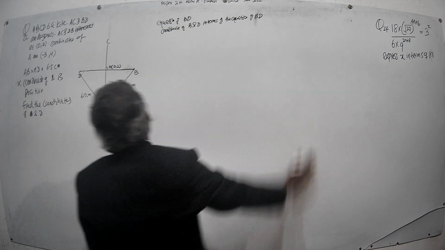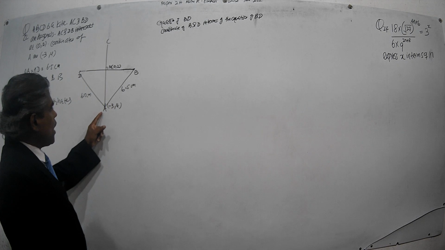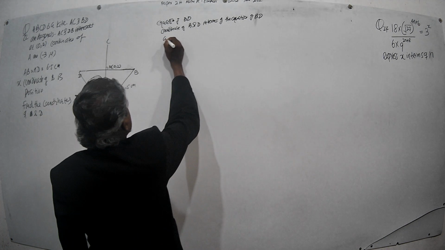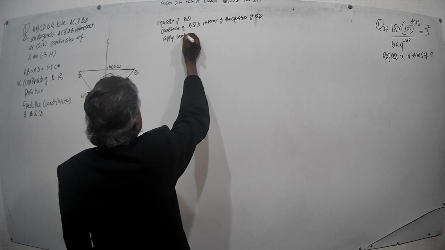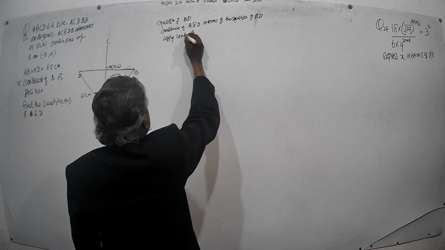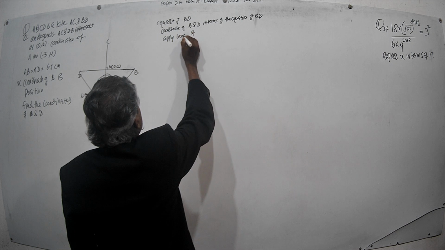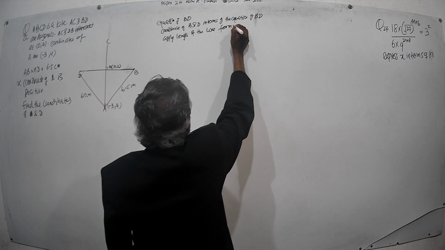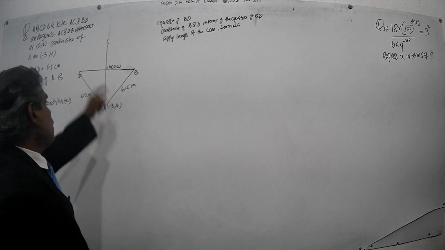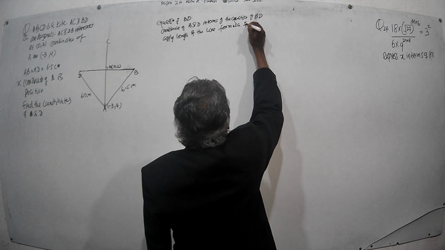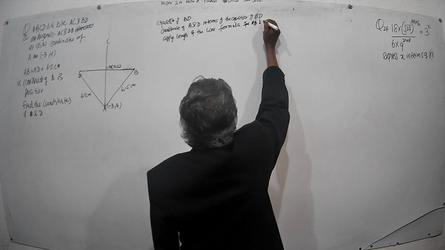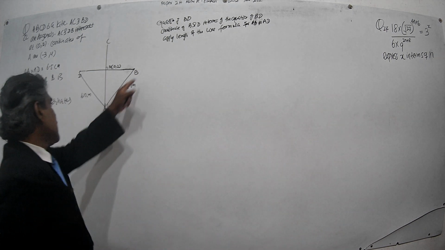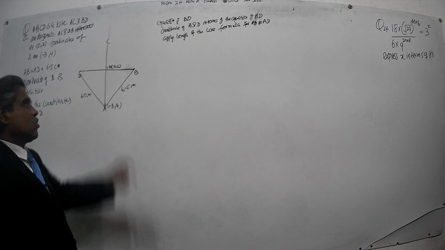Then I apply the length of the line formula for AB or AD, because we know the lengths of both those sides and they are equal.